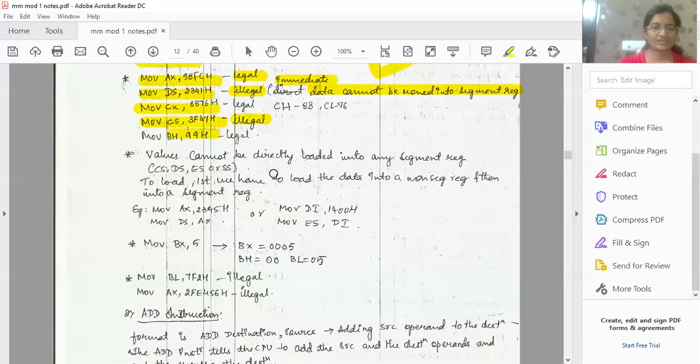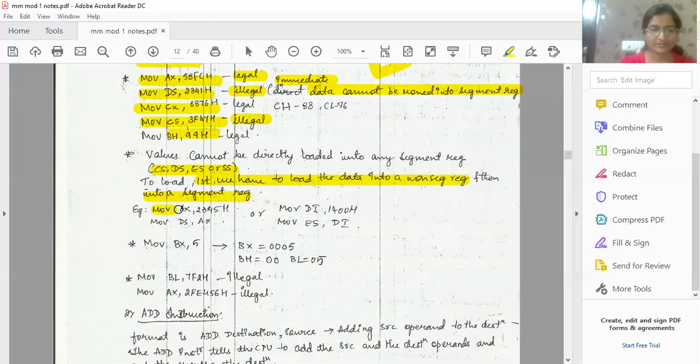Now here, as you can see, values cannot be directly loaded into any segment register, DS, CS, ES, or SS. Now, what do we have to do for this? First we have to load the data into a non-segment register, then into the segment register. You can consider any non-segment register for this.